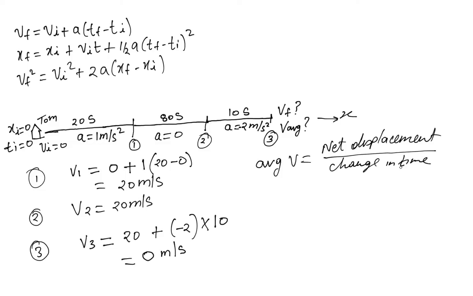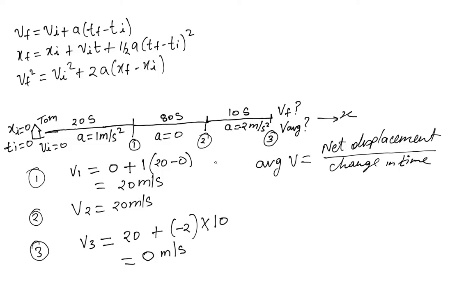So what was the net displacement when Tom went from his home to point 3? Well, we have to calculate the net displacement by adding up all the displacements he made during these 3 sections. So let's calculate how much he traveled in the first section, and which equation are we going to use to calculate that? Well, we have to use the second one.